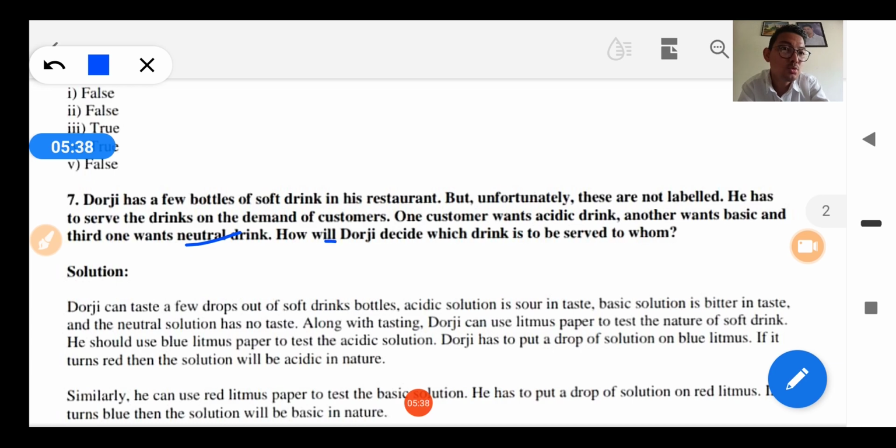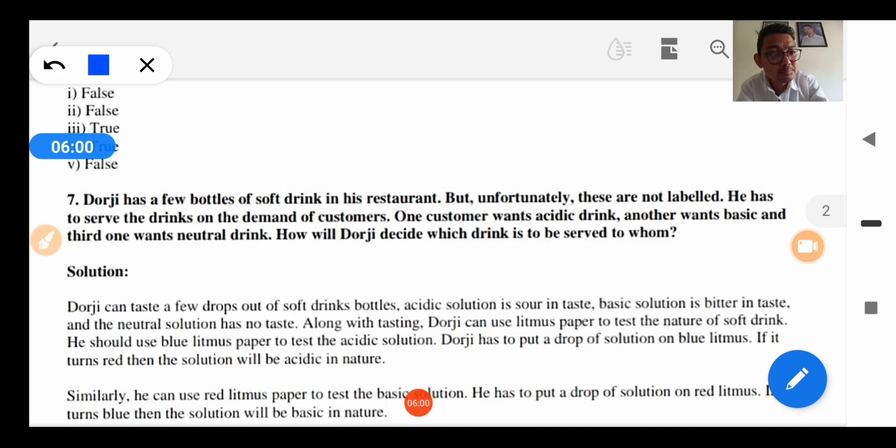Now how is Dorje going to decide which drink is to be served to whom? If Dorje wants to decide which drink to serve to whom, then he should know in which bottle which type of drink is there. For that he can do the testing by tasting the cold drink.